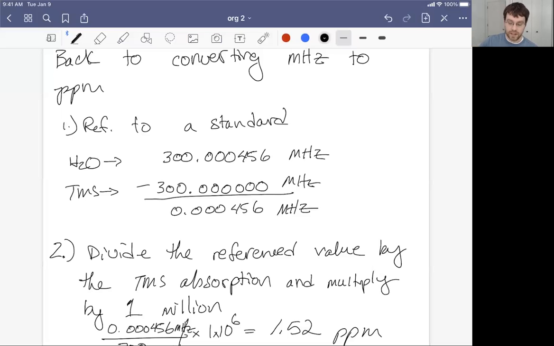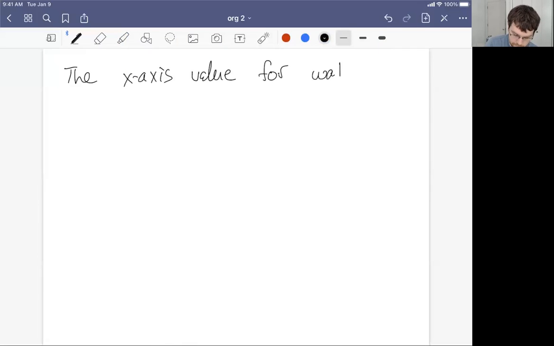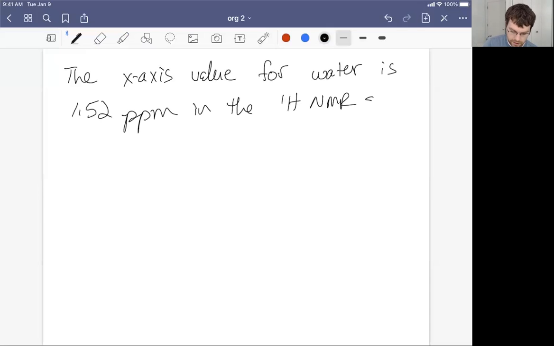So this would be the x-axis value for water. The x-axis value for water is 1.52 parts per million in the 1H NMR spectrum.